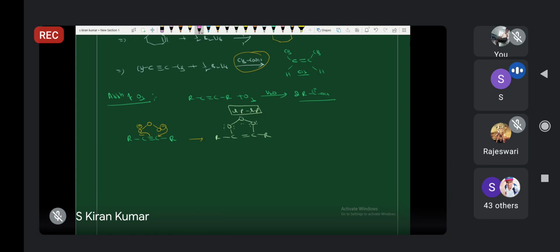When the peroxy bond breaks like this, this oxygen gets a negative charge. It changes to a ketone; the left side carbon changes to a ketone.